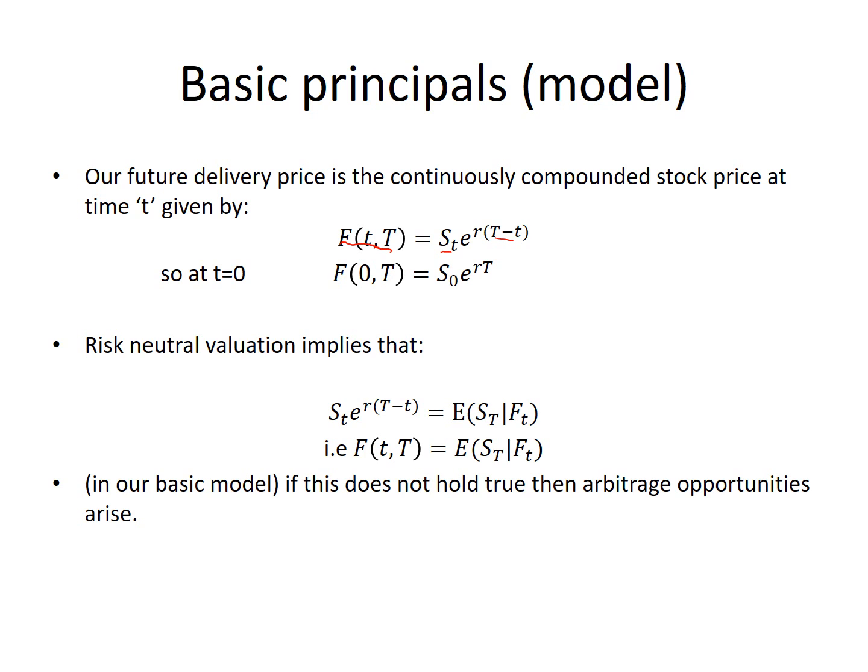Now, risk neutral valuation implies that the compounded future value of the current spot price has to equal the expected spot price at maturity, given the information up until time t.